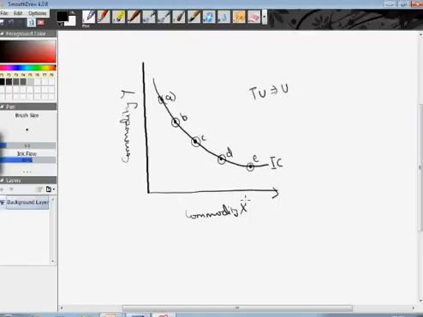Here in our example, the goods which have been used are X and Y, and by using these two goods we have drawn an indifference curve, and at any point on this curve we get the same level of satisfaction, that is U.